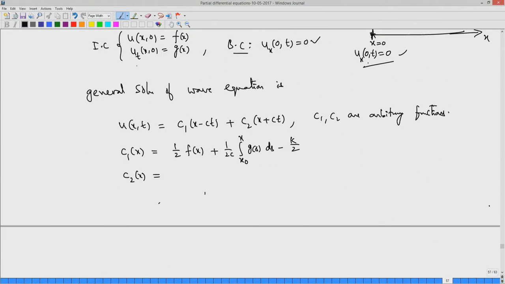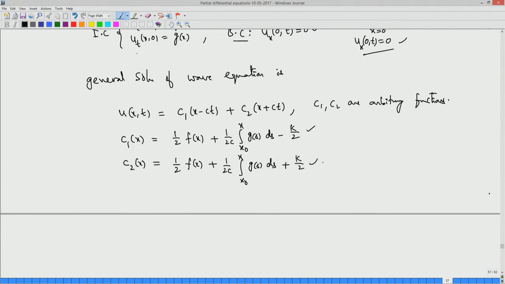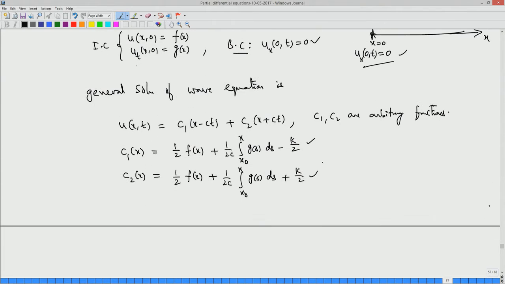K is actually c1 at x naught minus c2 at x naught. So, that is some arbitrary constant. Another one, c2, is half f(x) plus 1 by 2c integral x naught to x g(s) ds plus k by 2. This is how you will get it. This is what we have seen even in the earlier example. So, you can see that the general solution is this.